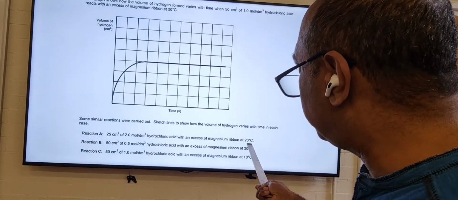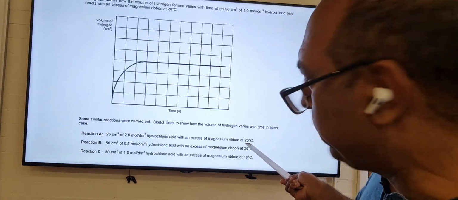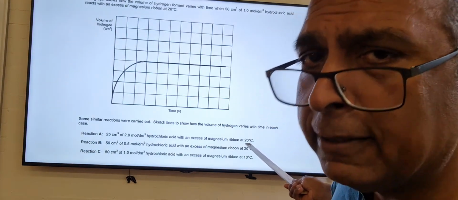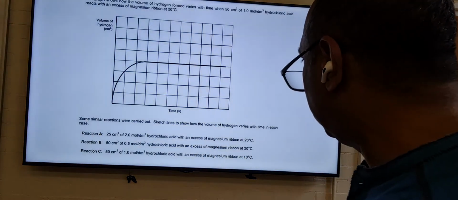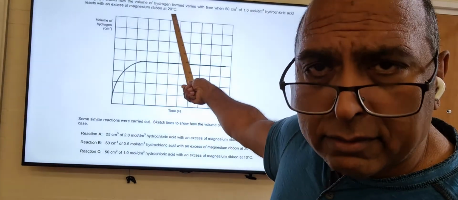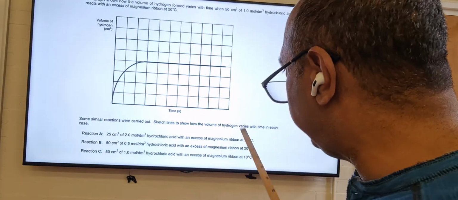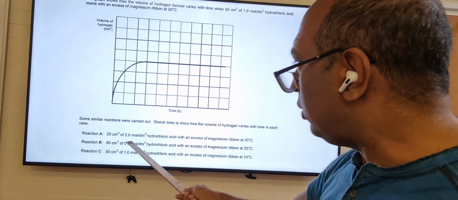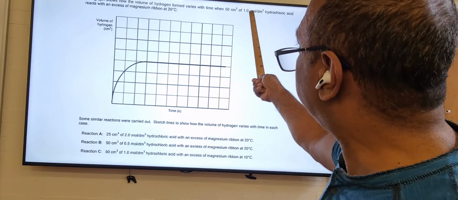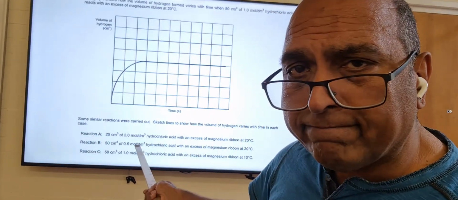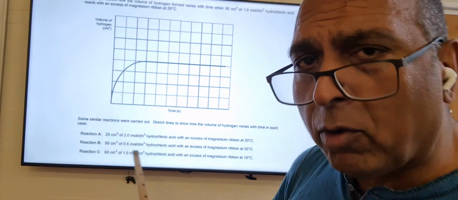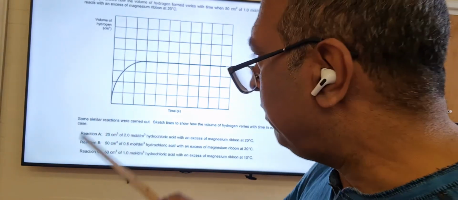But the time is different because the temperature is the same, 20 degrees, 20 degrees. What's different is the concentration. The concentration of the acid is double. If the concentration is more, the rate of reaction will be faster.